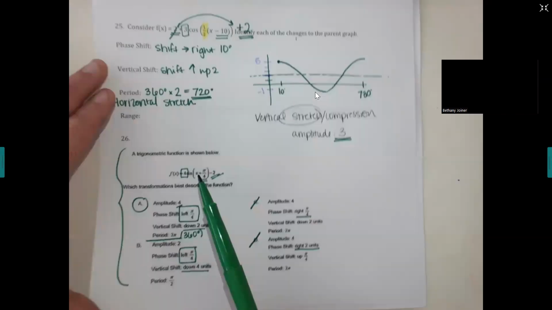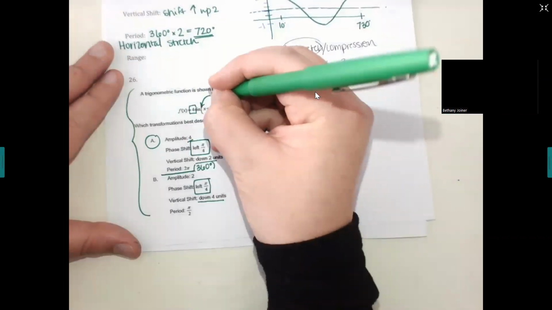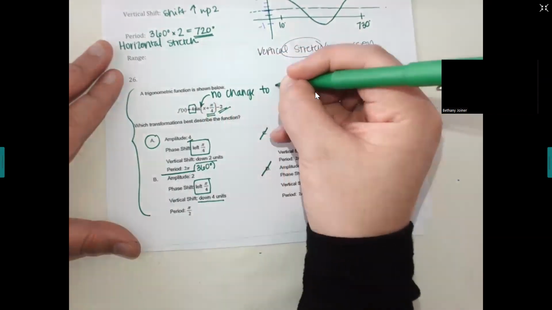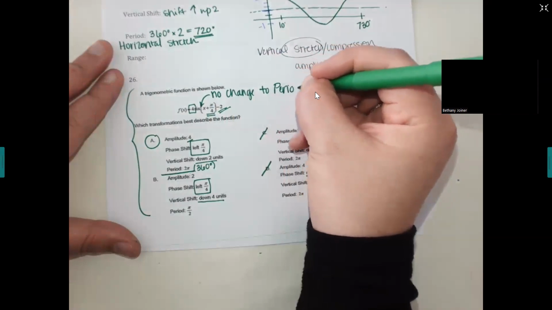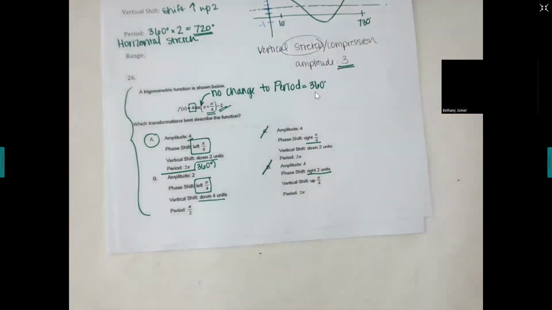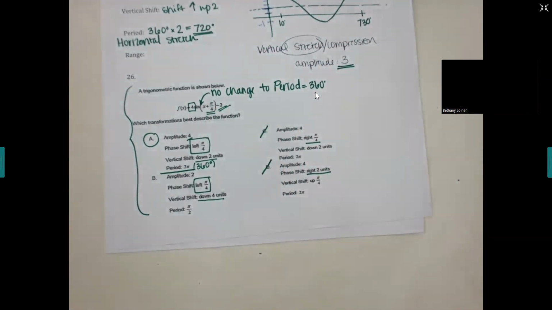What that means is that your period on number 26 is still going to be 360. So it would still be 360, which is the exact same as 2 pi, which is how it's written in number 26. Okay, but if you can do a question like that, you know enough to do what's on your exam.